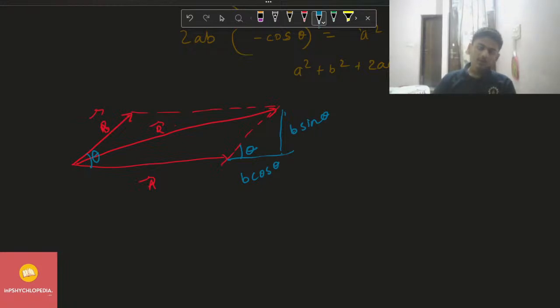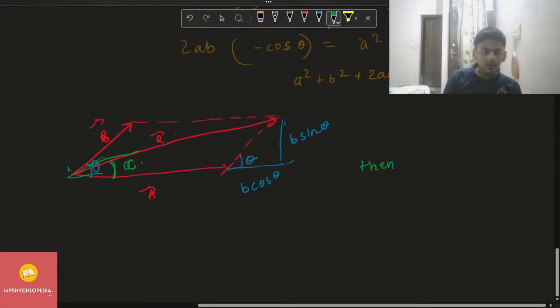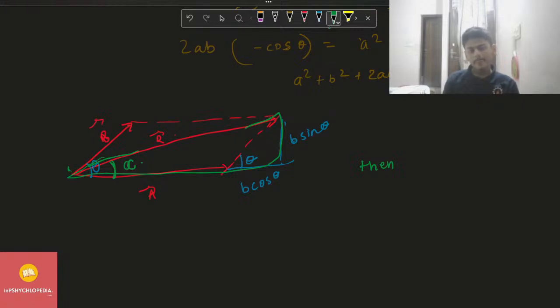Now the angle between the resultant and the bottom vector, let's say this is alpha, then one most popular formula is, just see this whole triangle, then you will find out that tan alpha is equal to b sin theta upon a plus b cos theta, right?